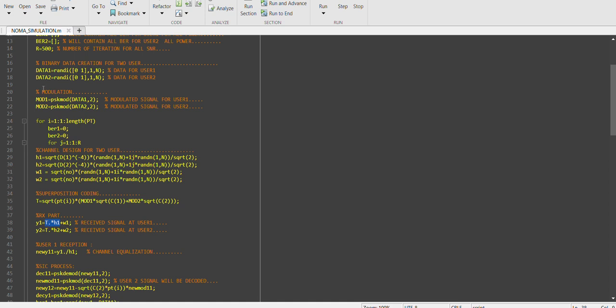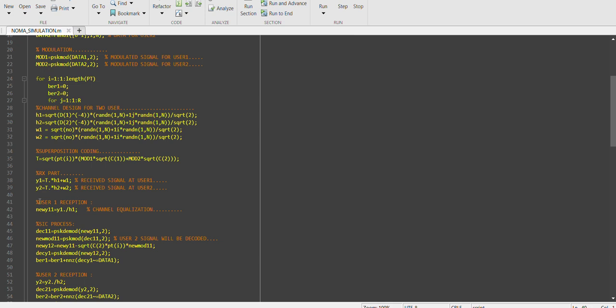So T is my superimposed input signal. It will be multiplied with its channel coefficient plus noise. This is the form. For user 2, it is also the same. T is the transmitted signal because we have generated only one superimposed signal, and this signal will be received at both user 1 and user 2 end.